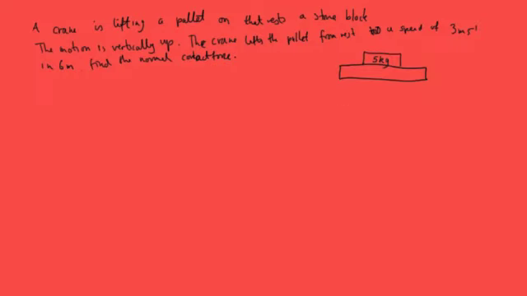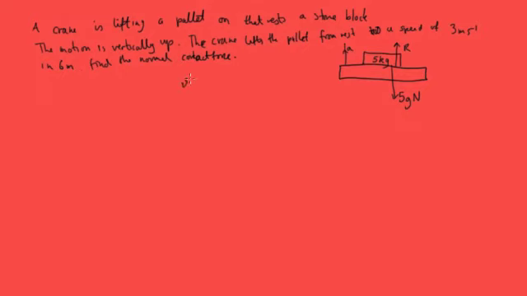So we have a force upwards, an acceleration upwards. We have the 5g newtons of the weight of the block coming down, and perpendicular to the pallet we have the reaction force. We need to find out what the acceleration is.